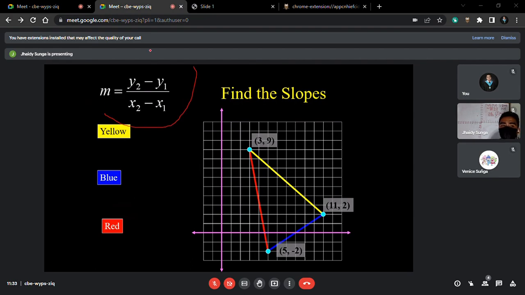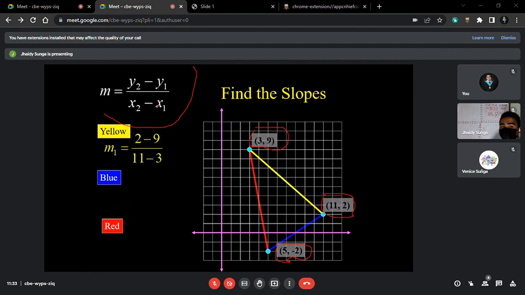How are we going to find the slope? We have the coordinates 3 and 9, 11 and 2, and 5 and negative 2.